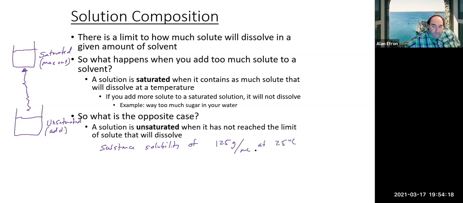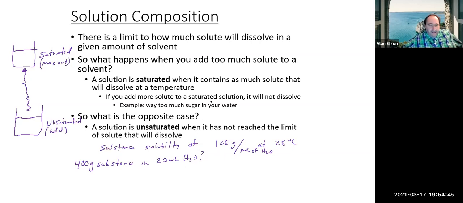And what that means is, if you wanted to dissolve 400 grams of this substance in 20 milliliters of water, could you do it? You could use this as a conversion factor to figure it out.